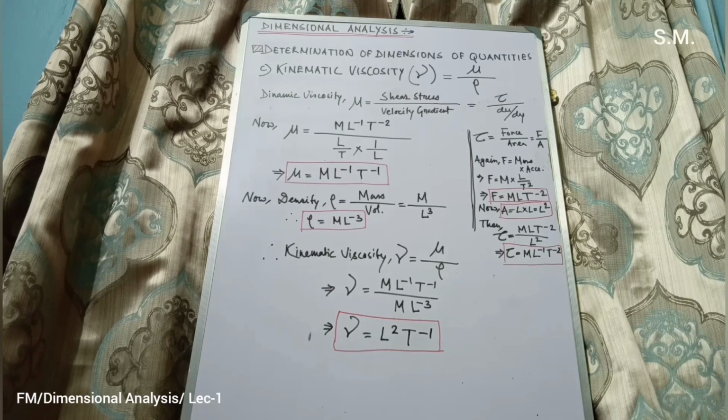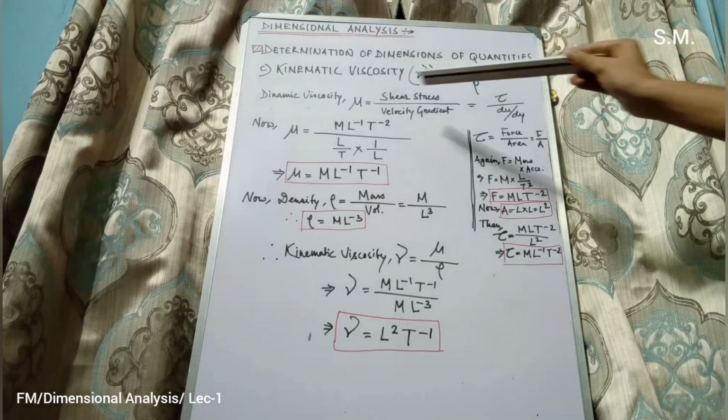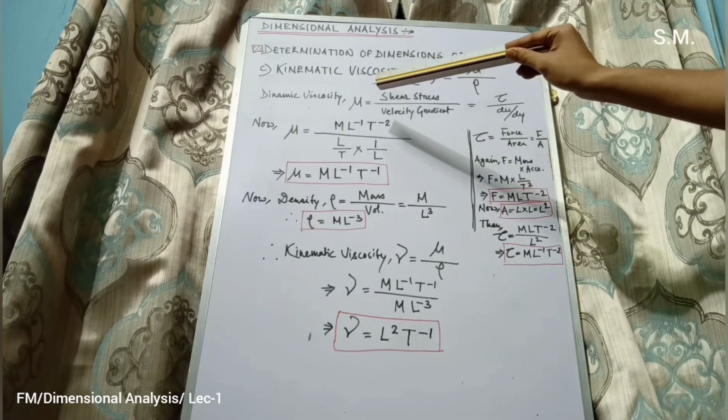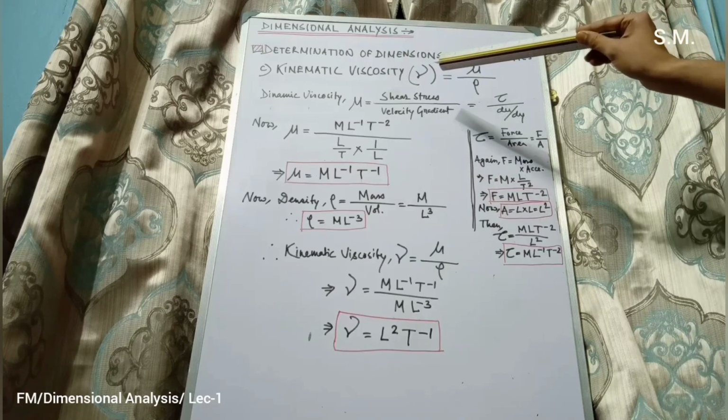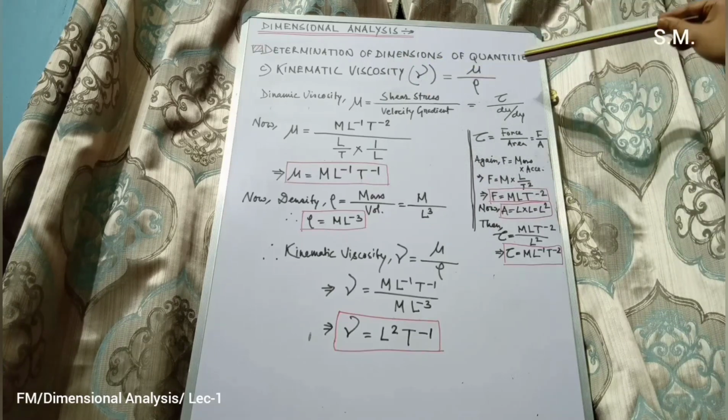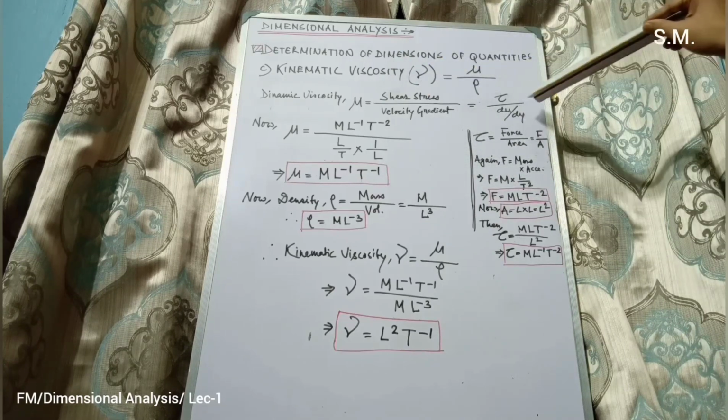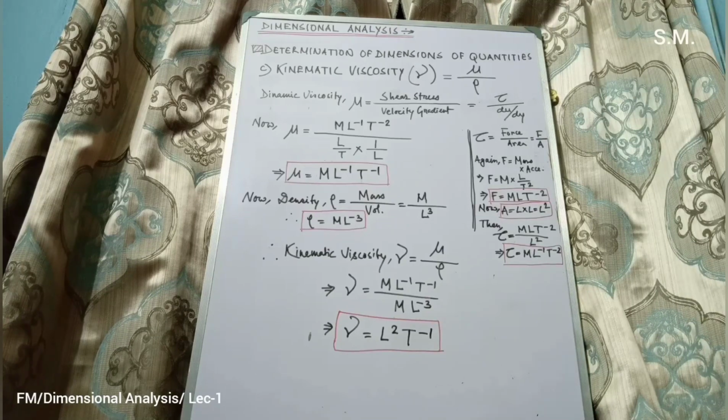This velocity gradient was also elaborated in the last class. So we know everything. So mu equals shear stress by velocity gradient, that is tau by du dy.